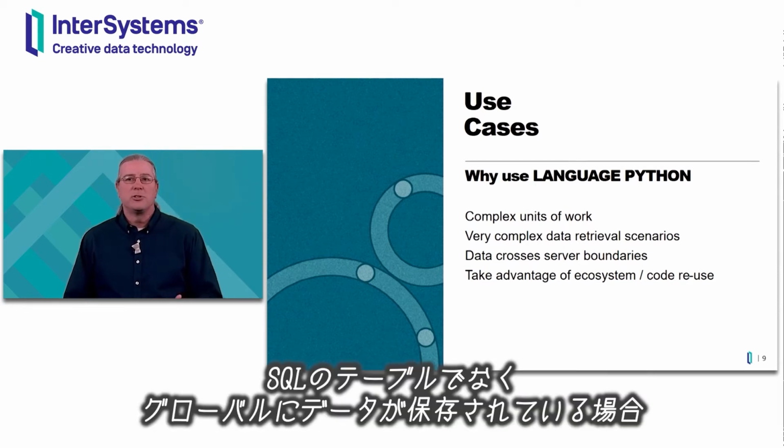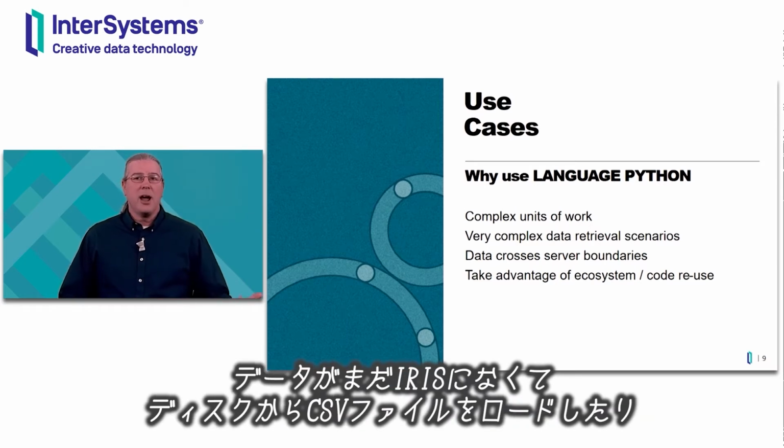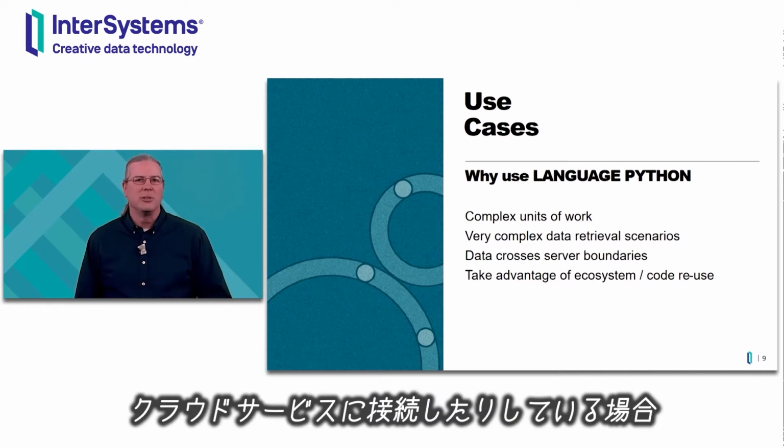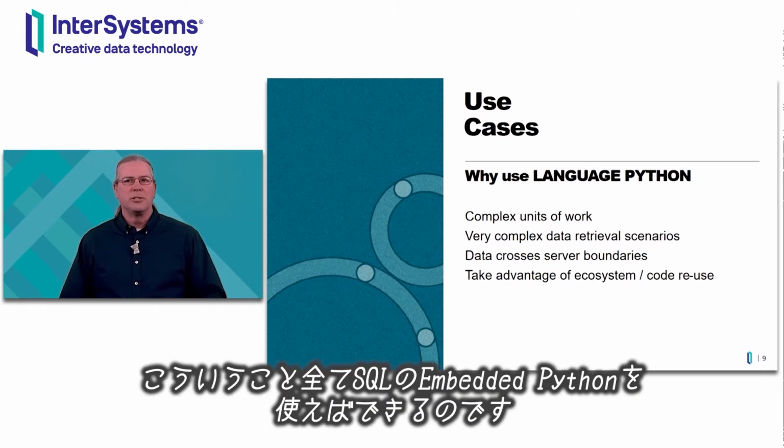Maybe even data that's stored in globals but not in a SQL table. Or your data isn't even in Iris yet, like you're loading a CSV file from disk or you're connecting to a cloud service. Those are all things that you can do with embedded Python for SQL.